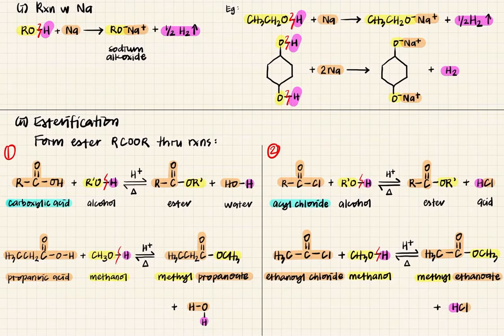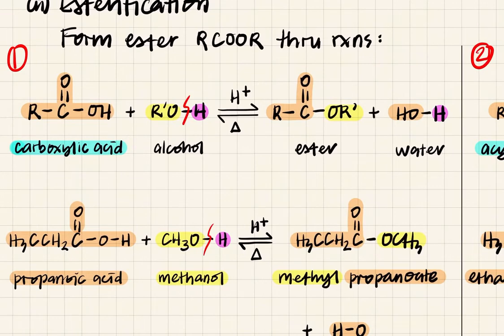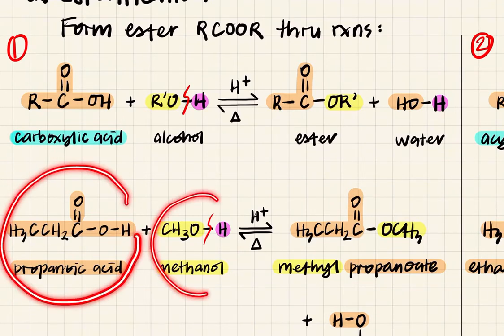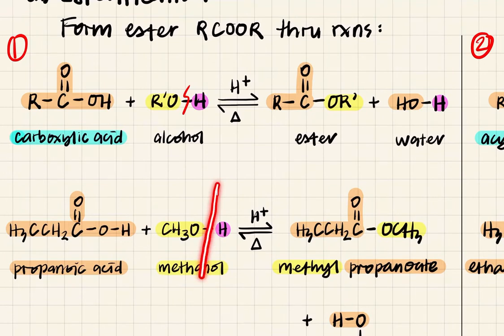So let's see an example for formation of ester using carboxylic acid and alcohol. Let's say you use propanoic acid and methanol. When you see carboxylic acid with alcohol, you look at your alcohol and cleave its OH bond.